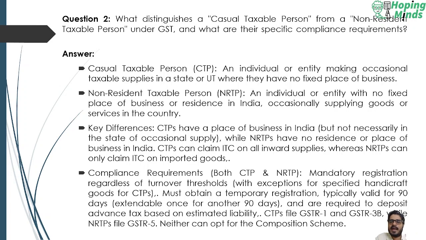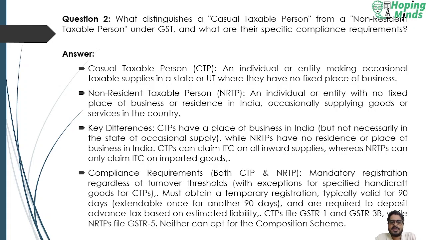So those NRIs or those non-resident persons who are willing to supply goods or services within India are required to obtain GST registration as an NRTP if they do not have any fixed place of business or residence in India.